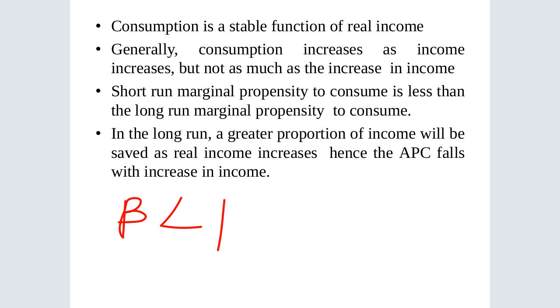That is what it means. Now, in the long run, a greater proportion of income will be saved as real income increases, and therefore the average propensity to consume falls with an increase in income.